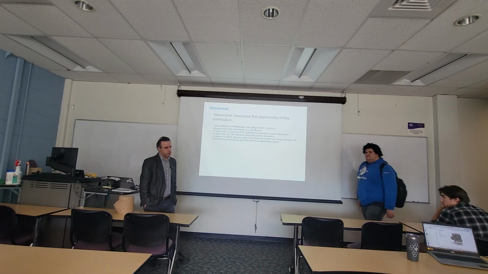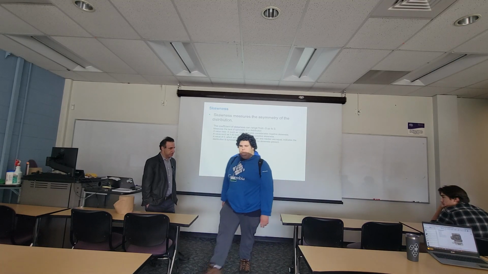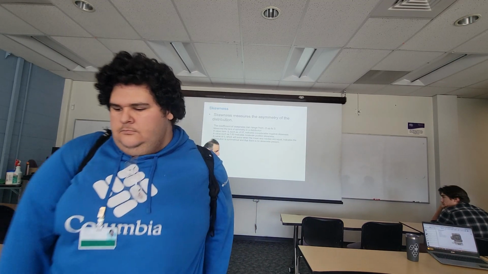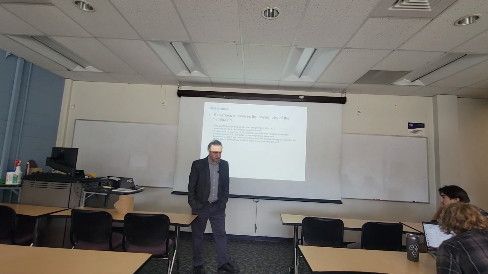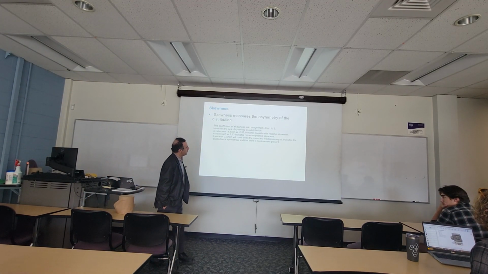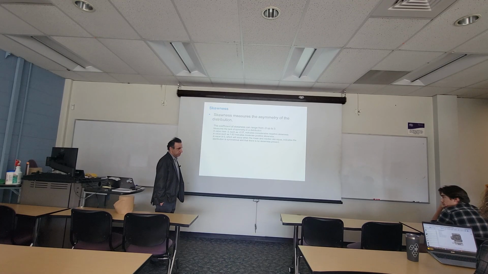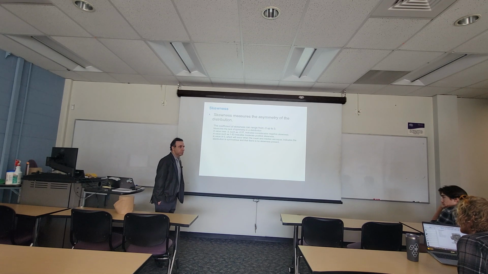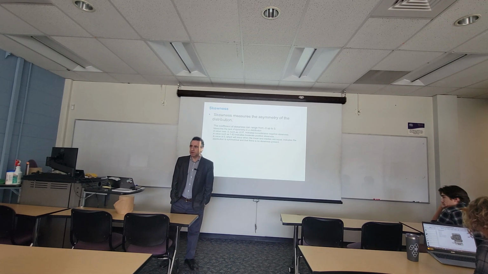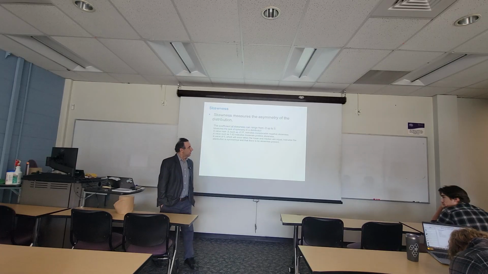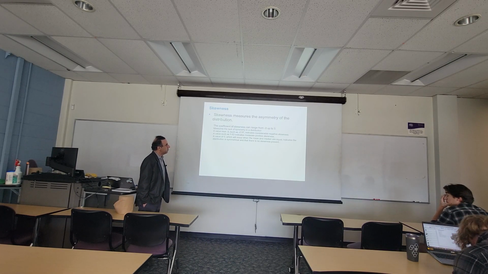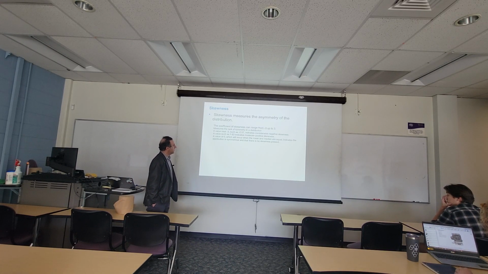We want to make sure that factor is taken care of, because it measures the asymmetry of the distribution, right? It has a coefficient that ranges between -3 and +3, okay? As you see, it has negative numbers and positive numbers.